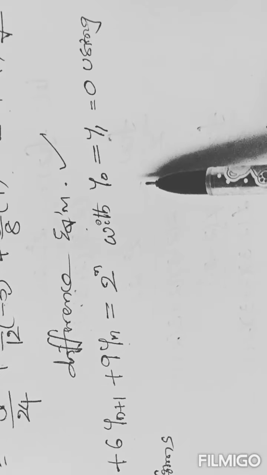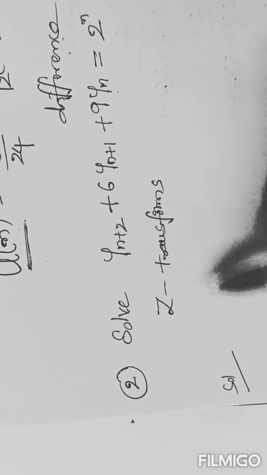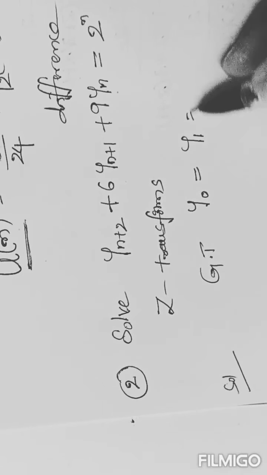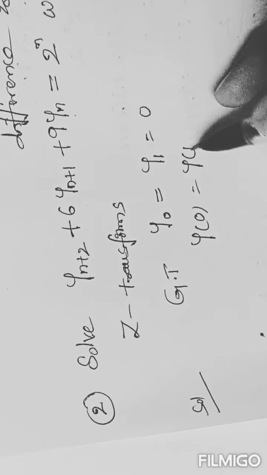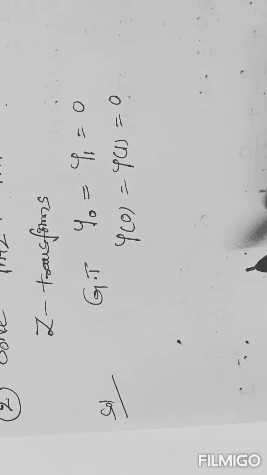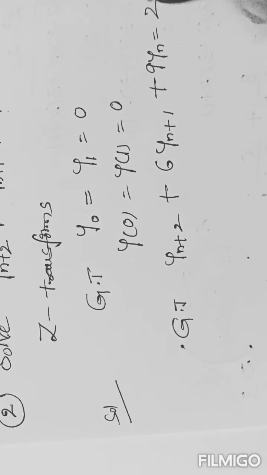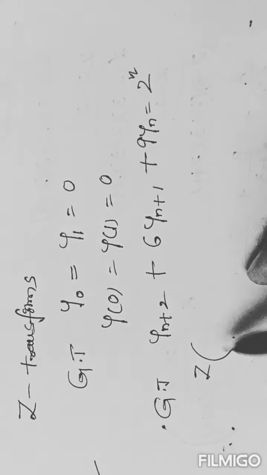Before that, the given conditions: y0 is nothing but y of 0, y1 is nothing but y of 1, and both equal 0. Now the given equation is y of n plus 2 plus 6 into y of n plus 1 plus 9 y of n equals 2 to the power of n. As per the working procedure, first take the Z transform on both sides.